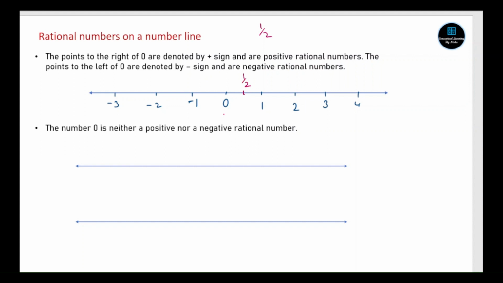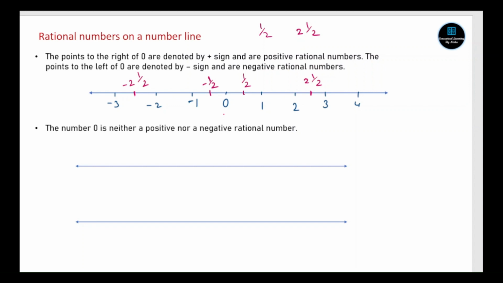One more number, 2.5, comes over here. Same way, minus 1 upon 2 is here, and minus 2.5 is over here. Correct? Remember again, 0 is neither positive nor negative.